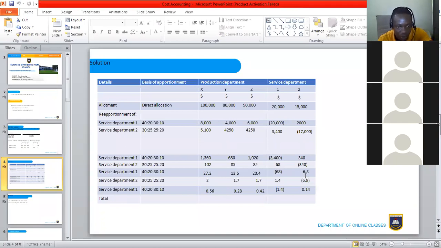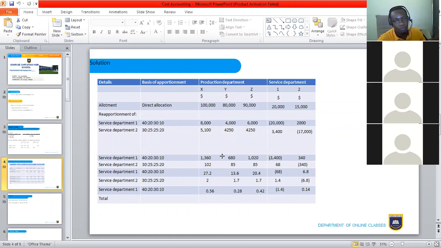So for instance, a figure like 27.2, you wouldn't have 27.2. No, you are going to have 27. In some instances, they may tell you to the nearest 100. You can make reference to it on page 174.